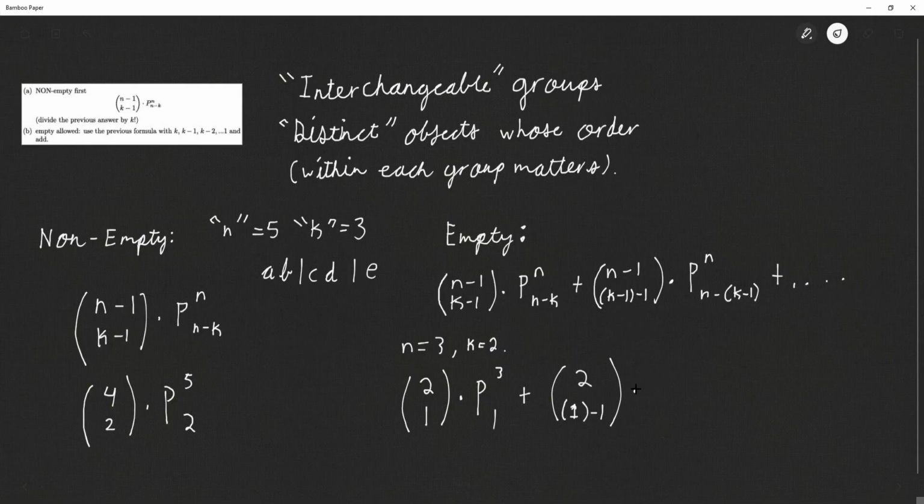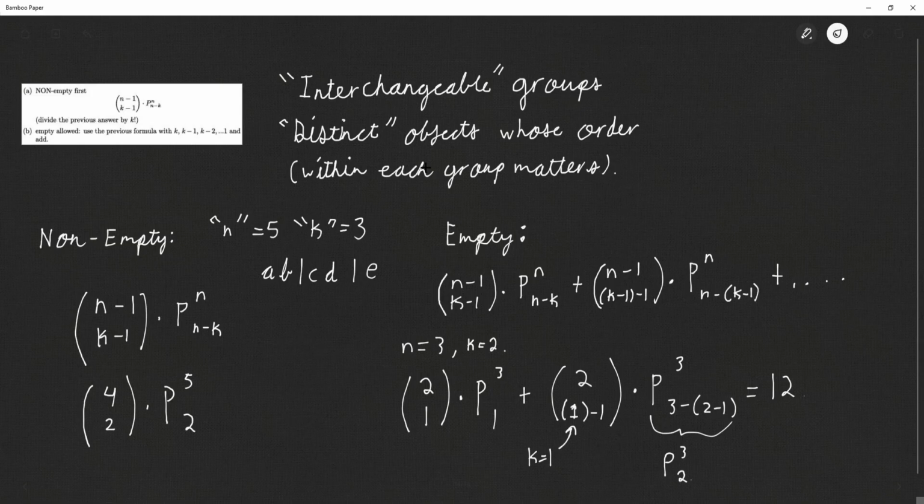And now we're going to multiply it with the permuting of n and 3 minus 2 minus 1, which will give us the permutations of 3 pick 2. And if you notice, since our k value here is now equal to 1, this is our last step. And if you put this all into a calculator, you'll get 12 different ways that we could have empty groups for this restriction.